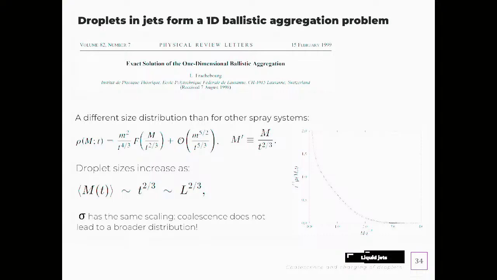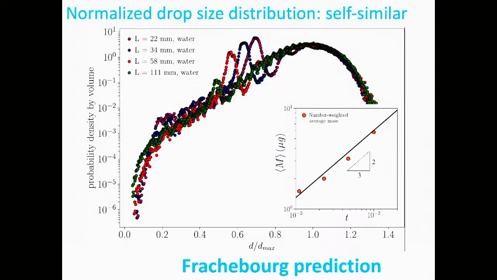Two, that the size distributions are self-similar, meaning that they don't become any broader when we go further from the nozzle. And three, there's an explicit prediction for what this size distribution should look like. If we rescale the droplet diameter by the maximum, it turns out that they are self-similar.